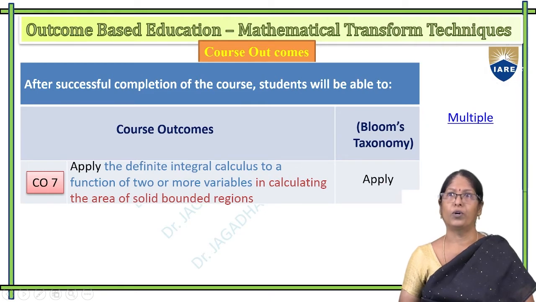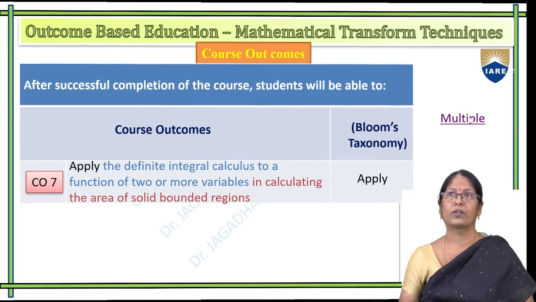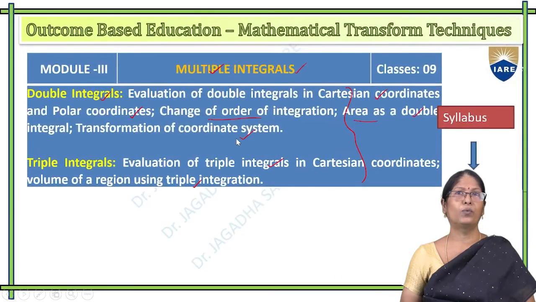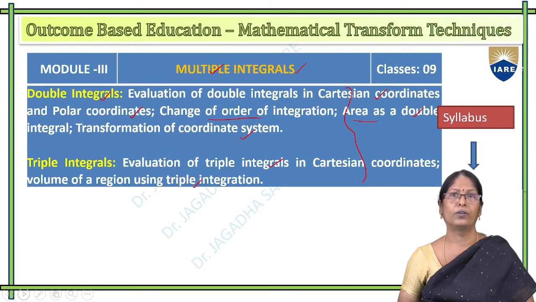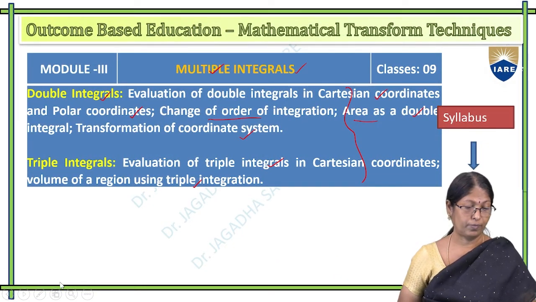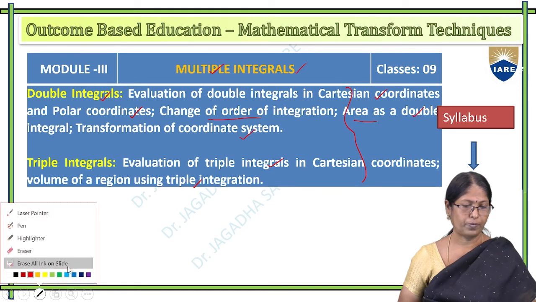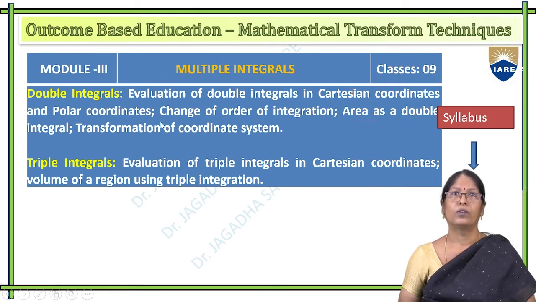We can see our syllabus. This is our syllabus for multiple integrals. That is the double integral, evaluation of double integrals in Cartesian form, polar form, and change of order of integration. If the integration is very complicated, this will help.